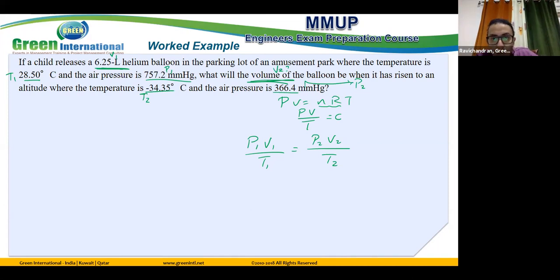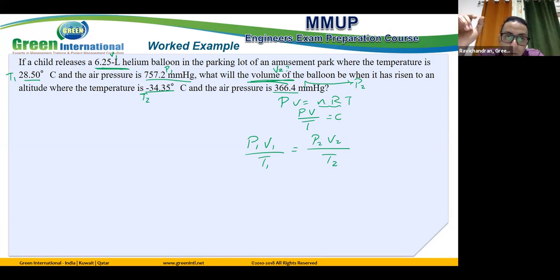Be careful, please. For the pressure, we don't have any problem keeping the units the same, without changing to another standard unit, millimeter mercury to millimeter mercury. We don't need to change it to atmospheric or Pascal, because any change of the pressure unit is by multiplication, so if you multiply right and left, it cancels. But for temperature it is a must, because changing from Celsius to Kelvin is by addition.